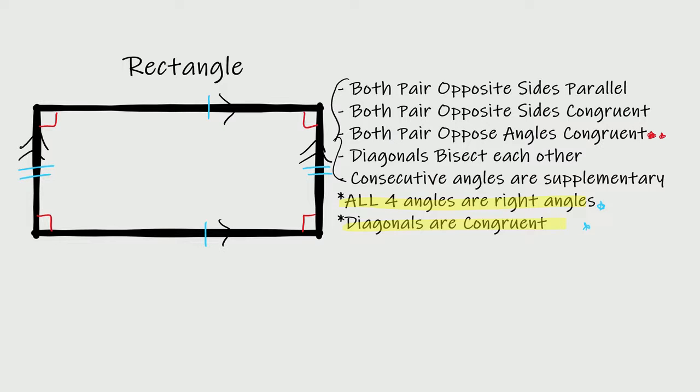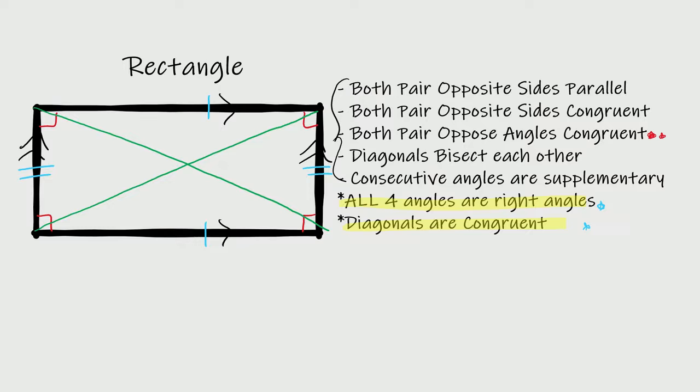So now we get to the point where, yes, they are still bisecting each other, because that's what we get for a parallelogram, right? But now we know that the two diagonals are congruent to each other.